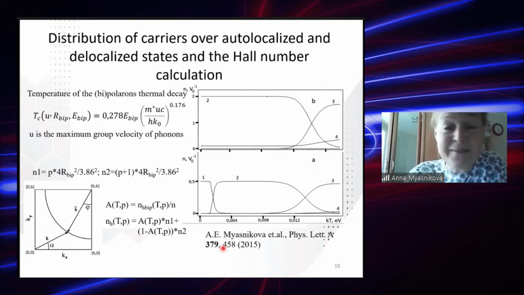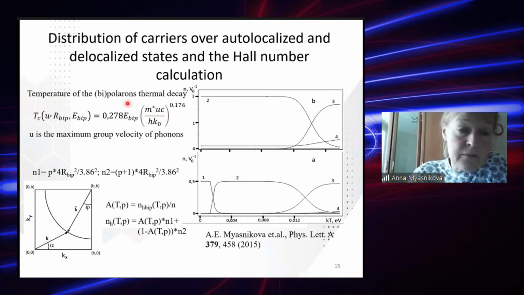It is a special distribution function, and the density of bipolarons and delocalized carriers in this approach are described as a function of temperature. Approximately, the temperature of decay of a half of bipolarons can be calculated using this expression, where U is the maximum group velocity of phonons.